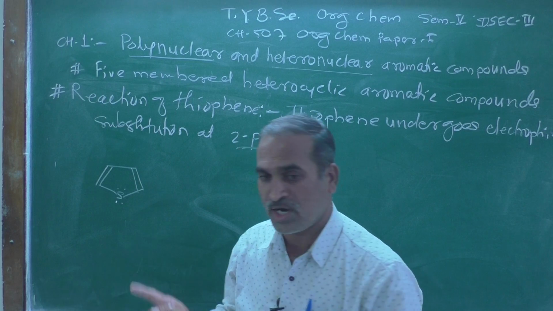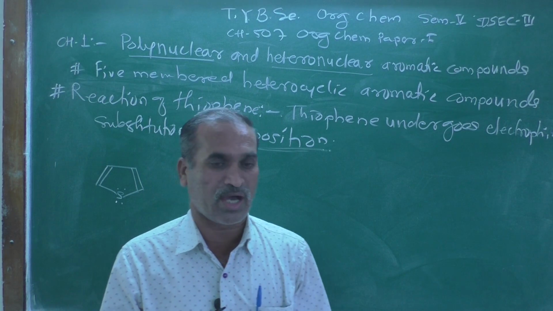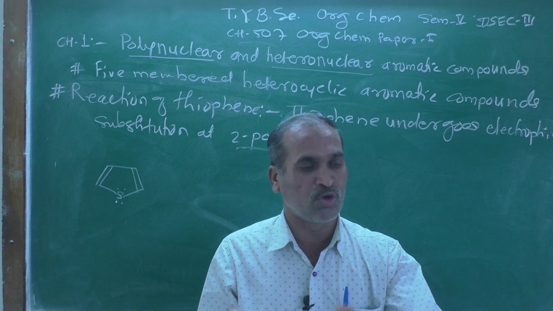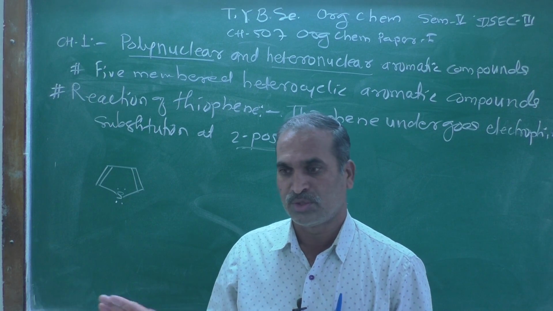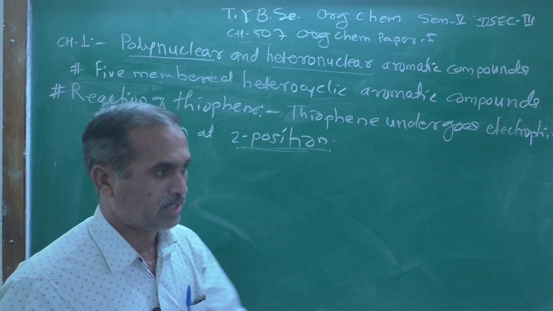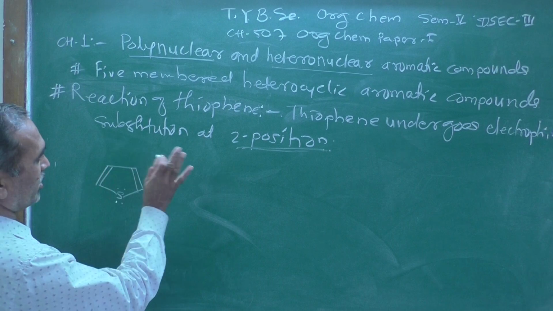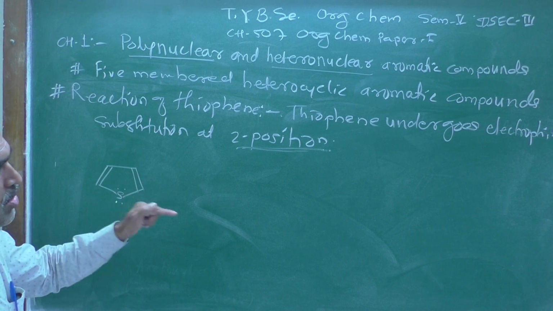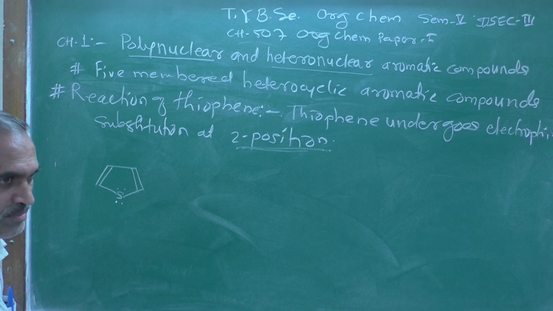The oxygen atom cannot tolerate negative charge on it, and therefore furan does not show nucleophilic substitution reaction at all, due to the greater electronegativity of the oxygen atom. Now let us see why thiophene undergoes electrophilic substitution at 2 position.